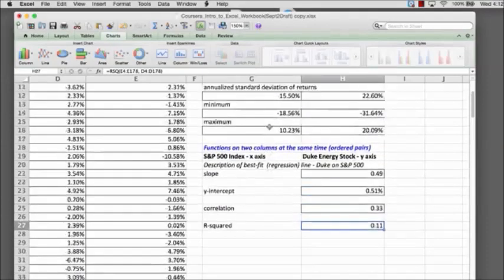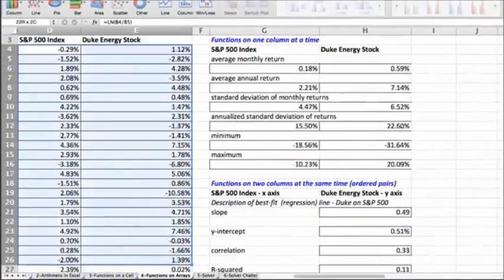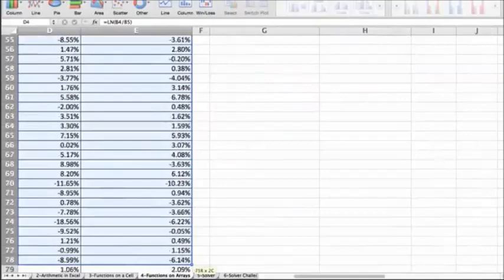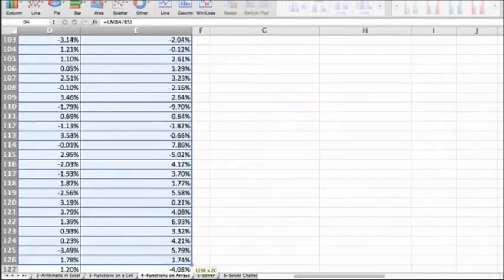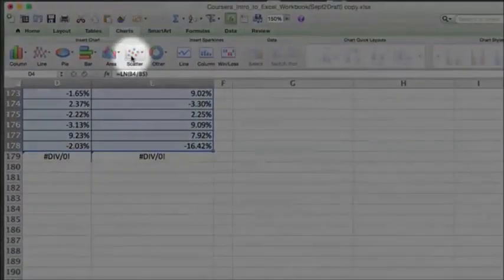There's another way to calculate statistics about our best fit line that relates Duke Energy returns against S&P 500 returns. And the way that we would do that is we would select both columns of data. Okay. Then we go to Charts, Scatter.